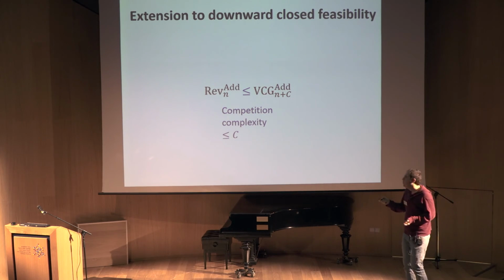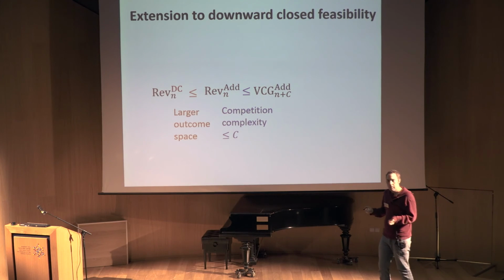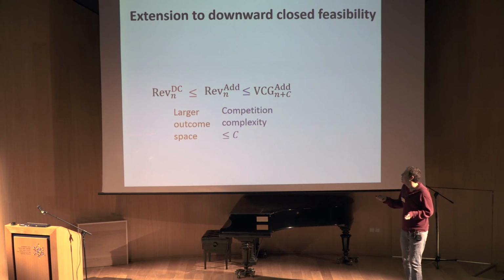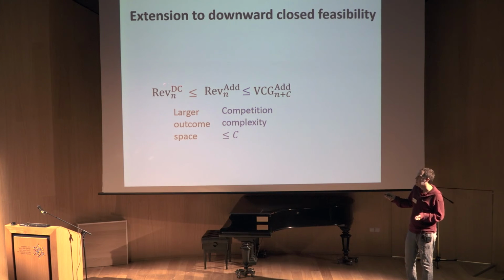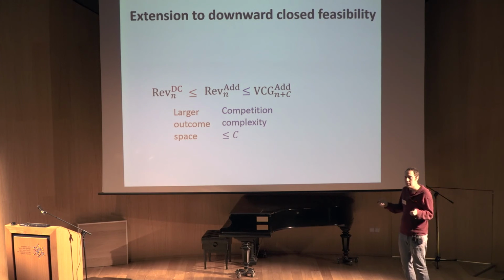So we chain some more inequalities. On the left side, we can say that the revenue of n additive bidders is larger than that of n additive bidders subject to downward closed constraints. Intuitively, the reason for this is you can take every optimal mechanism that is feasible for the downward closed bidders and run it for the additive bidders. It's still feasible. So we have only a larger outcome space of auctions, so we can get more revenue.